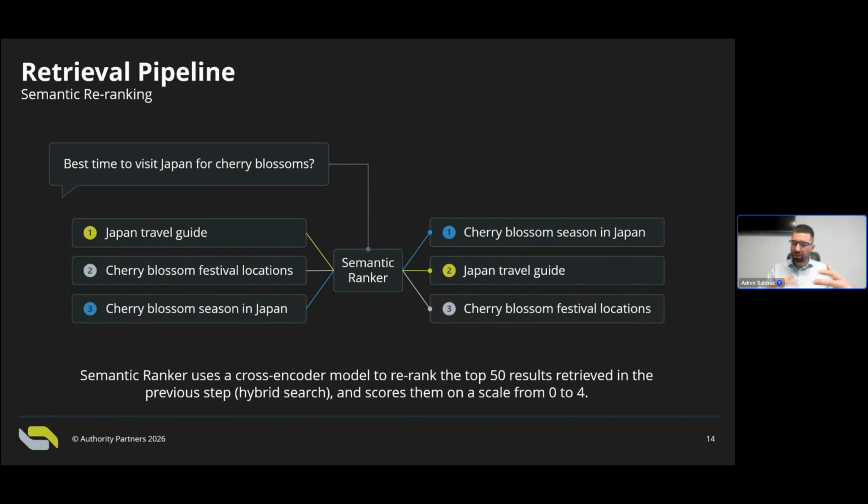So it doesn't retrieve new results. It simply refines the ordering of the existing candidates, which typically leads to improved retrieval and ranking metrics, and it also reduces the amount of irrelevant or low quality context passed to the LLM, which is still important today.